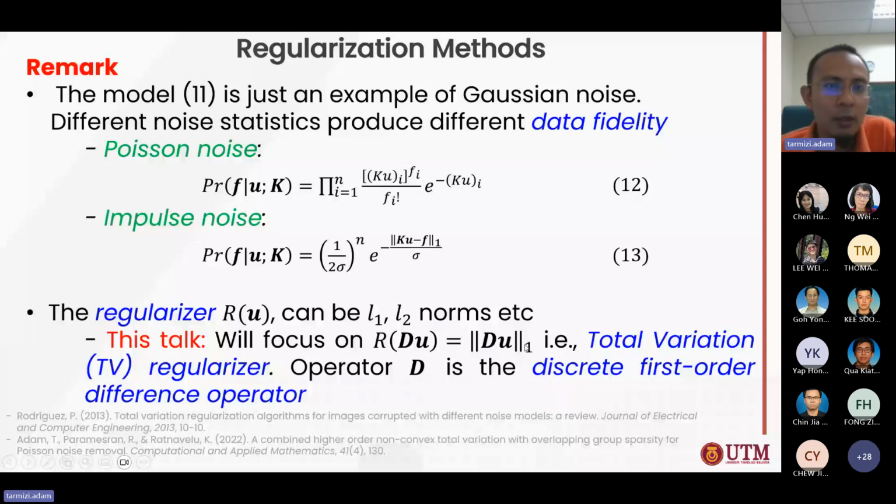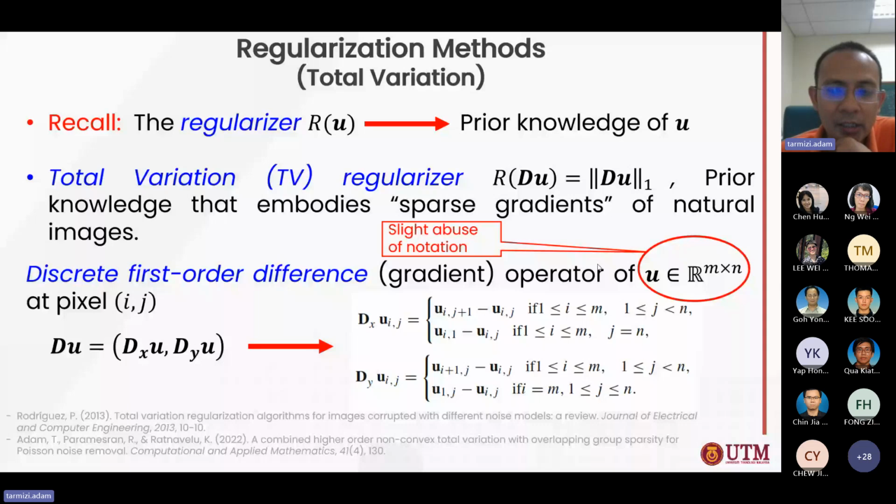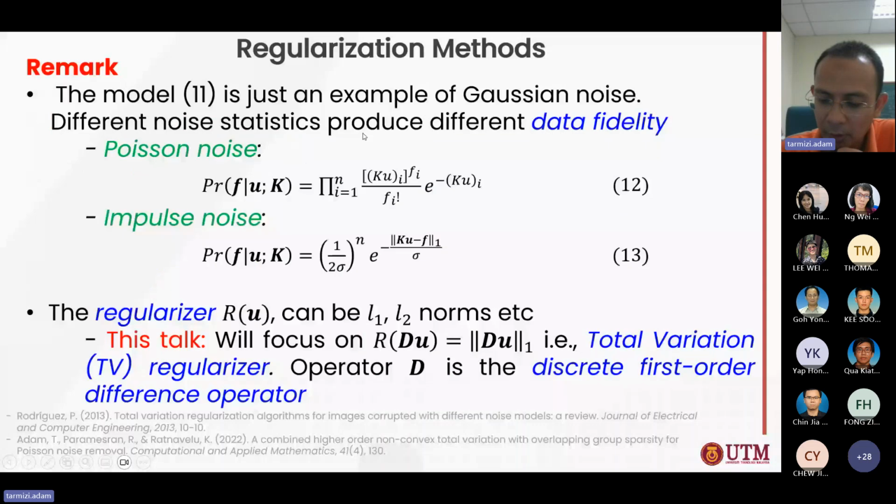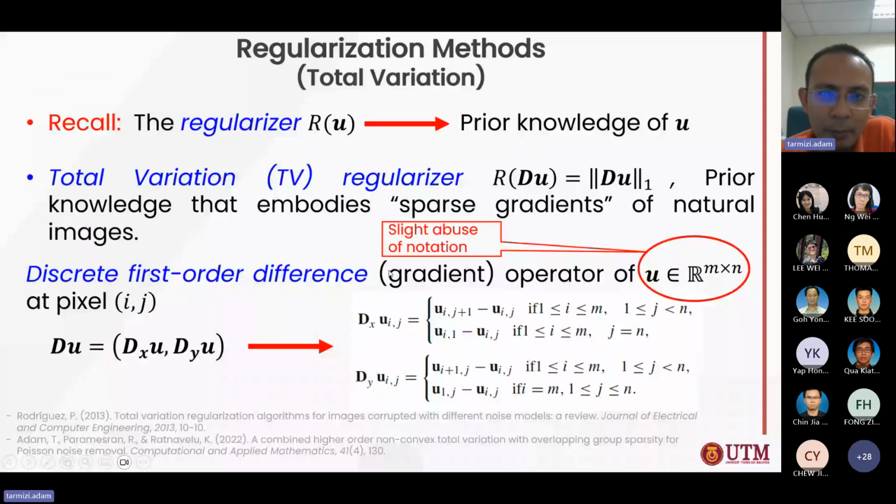I want to talk a little bit about this total variation regularizer. As we mentioned just now, the regularizer is the prior knowledge, if you recall several slides that I presented just now.